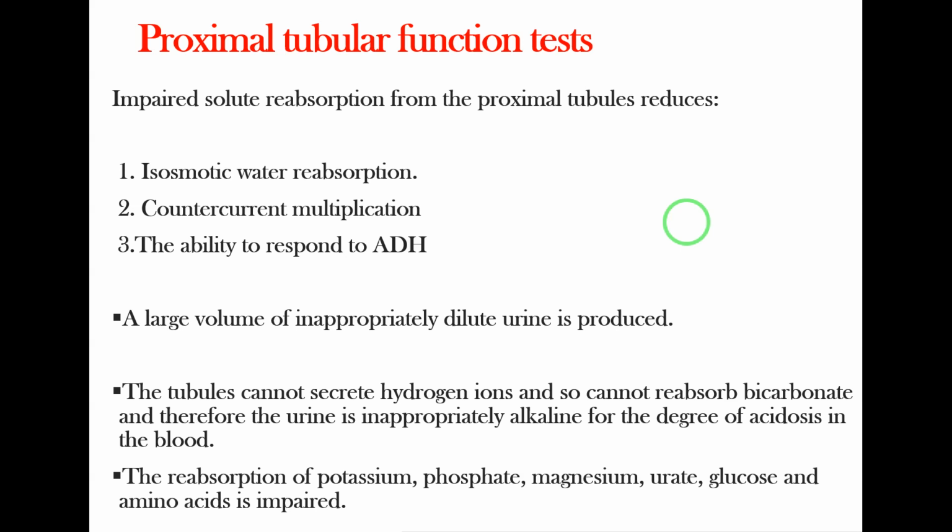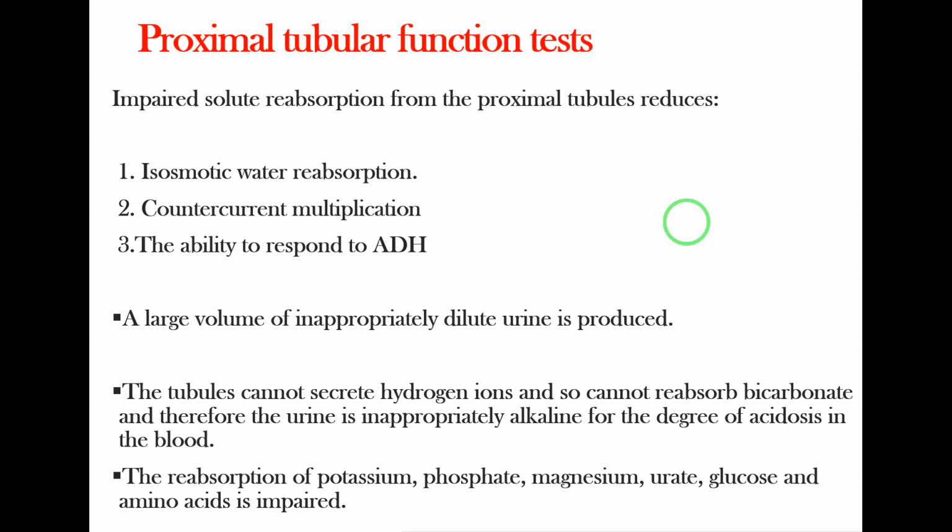This process will be impaired, and the ability to respond to antidiuretic hormone will also be impaired. As a result, there will be production of a large volume of inappropriately dilute urine, so a large volume of fluid will be lost from the body.